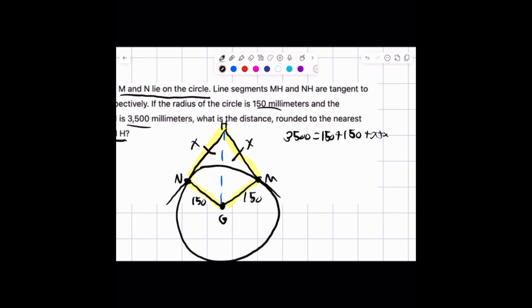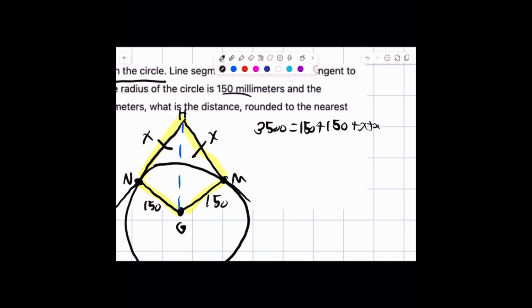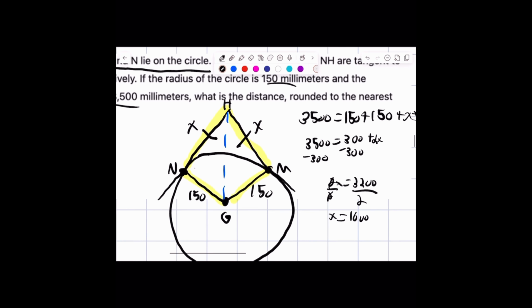Now we can solve for x. So 3500, after simplifying this will be 300 plus 2x, and subtracting 300 on both sides will give you 2x is equal to 3200, and dividing by 2 would give 1600 as x.